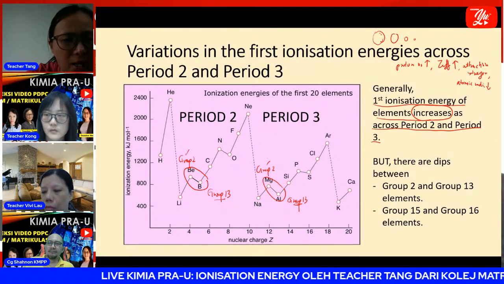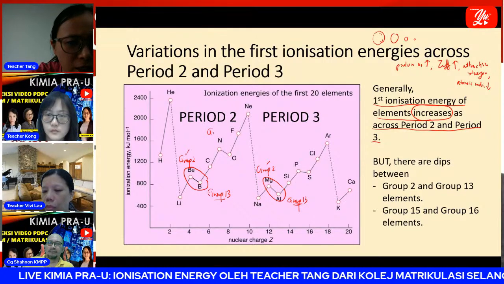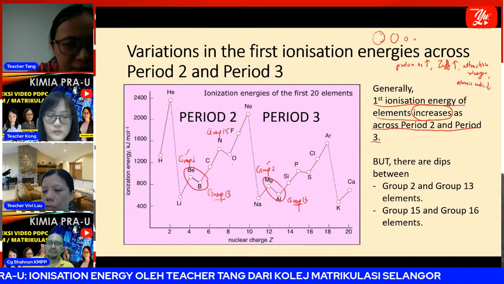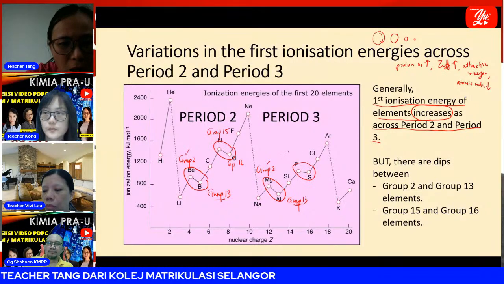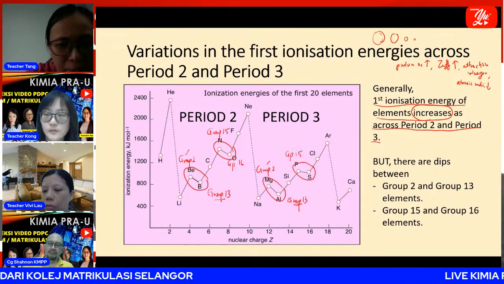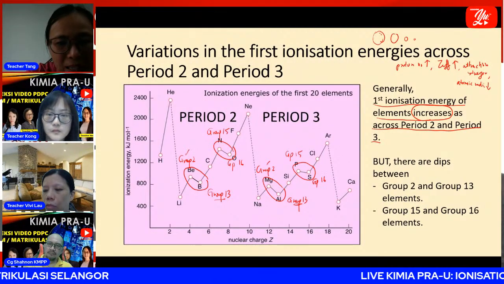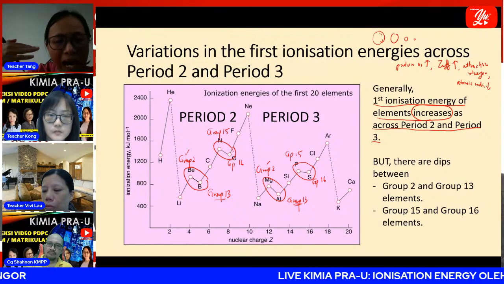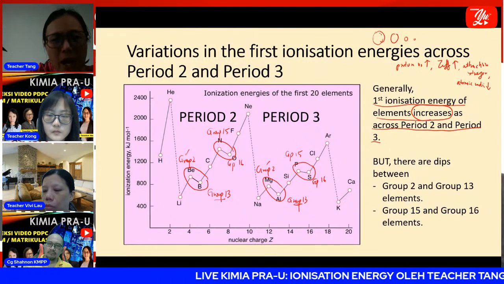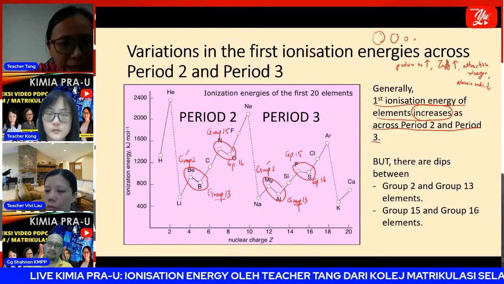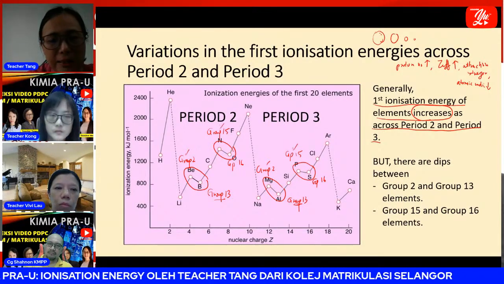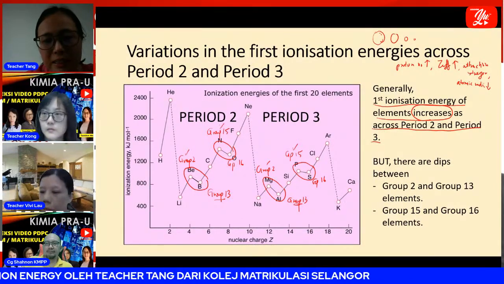Besides that, between group 15 and group 16 elements for period 2 and period 3, you also see the same thing. We are expecting the group 16 element to have higher first ionization energy. But that is not the case. The group 15 element has higher first ionization energy than the group 16 element.